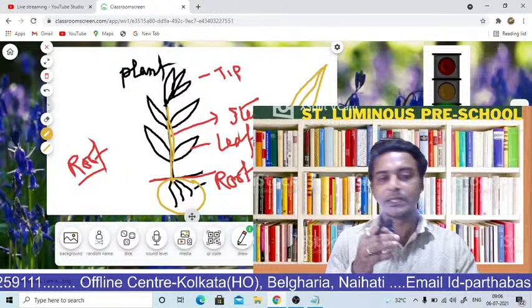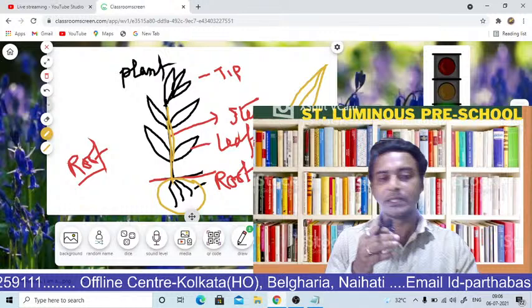All of you look, the leaf has a leaf base. Look here, it has a leaf base. Which portion is called the leaf base?